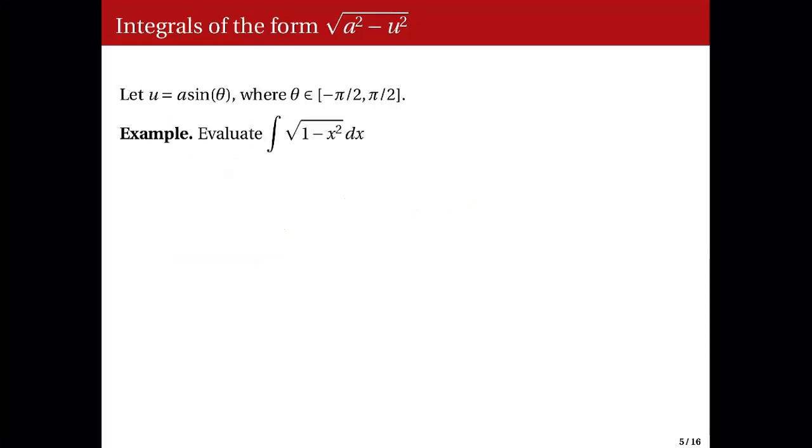Let us integrate the square root of 1 minus x squared dx. If you recall, at the first lecture or second lecture, we were able to integrate a similar problem using semicircles or quarter circles if we have definite integrals, if we put limits of integration.